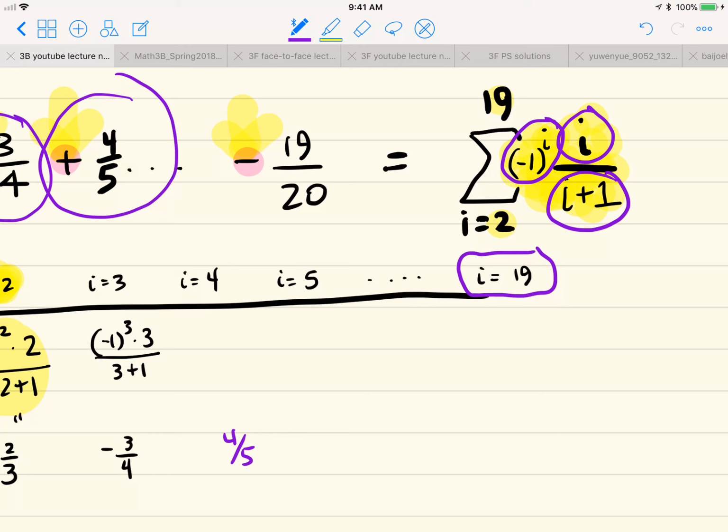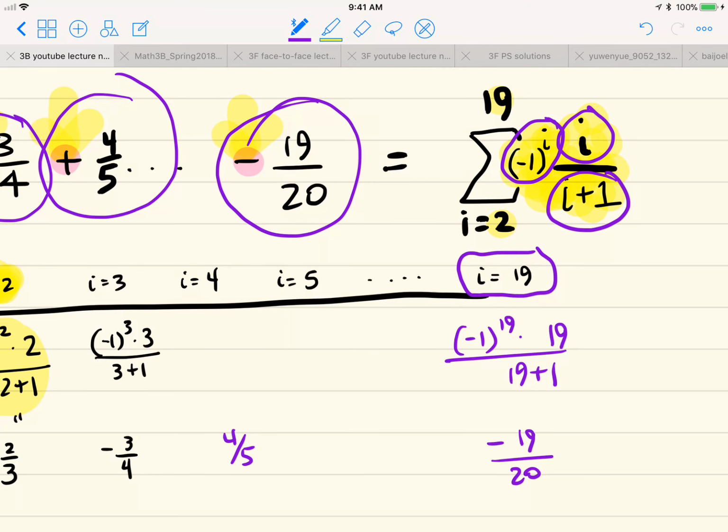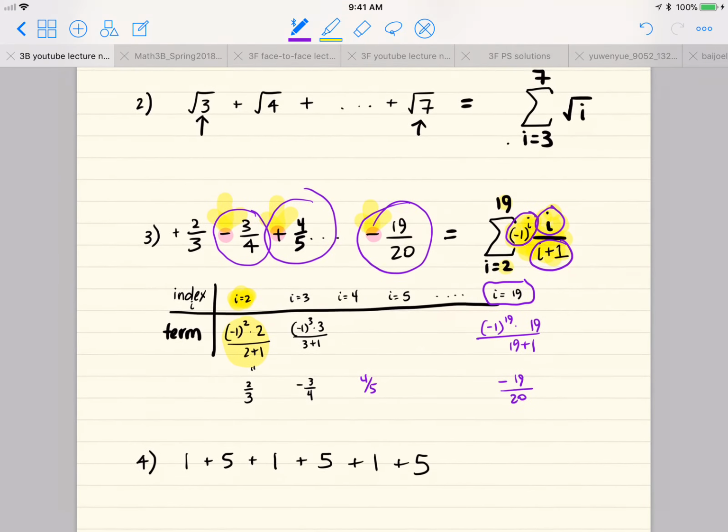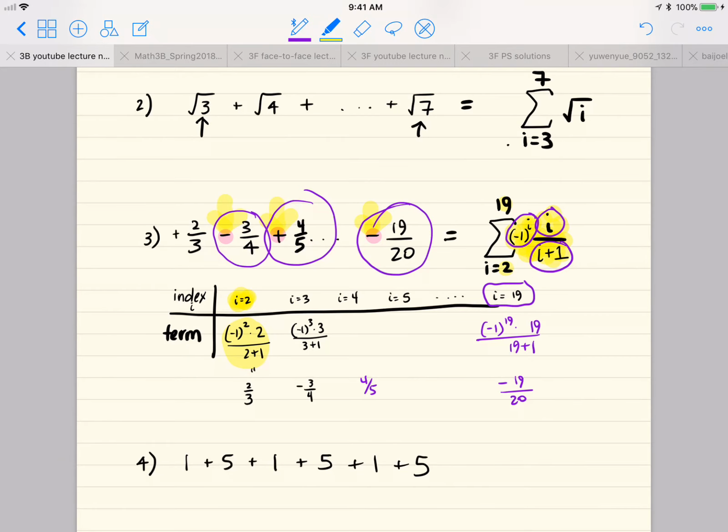When i is equal to 19, I'll have negative 1 to the 19th power times 19 over 19 plus 1. Negative 1 to the 19th power is negative 1, so negative 19 divided by 20. And that's exactly what I want. Good. So this is a solution.